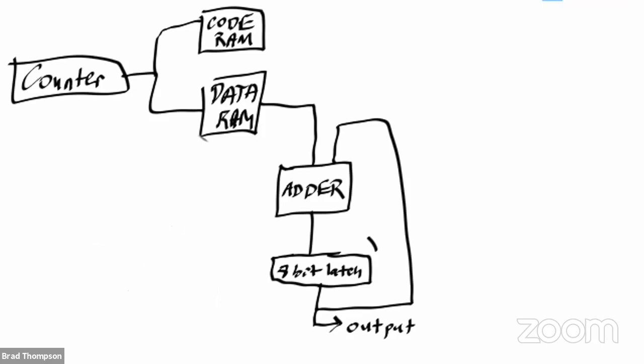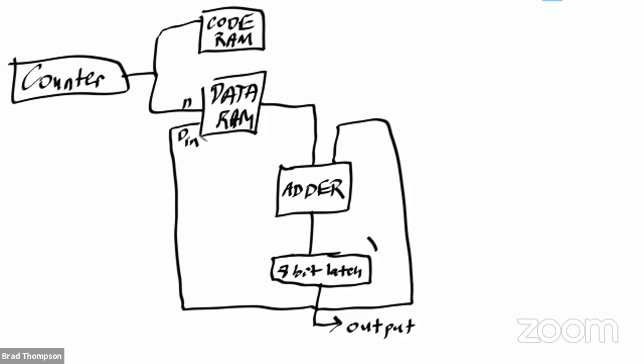we need to make a couple of changes here. For one thing, we need to be able to feed the output of our math happening over here back into our data. So I'm going to attempt to label this.